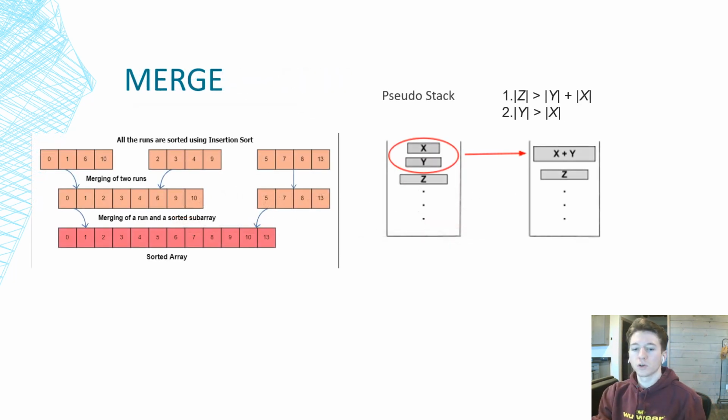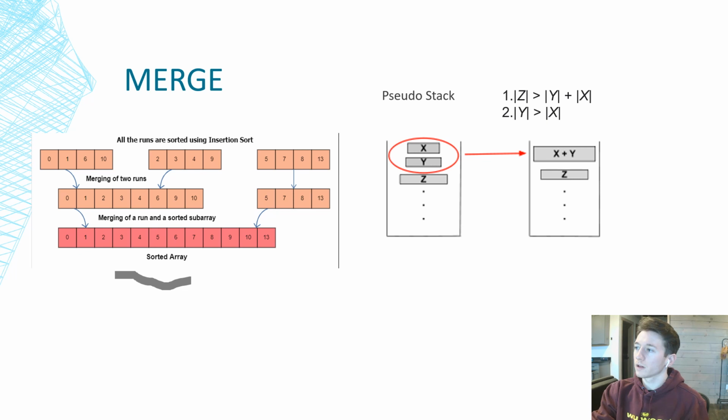After our runs are sorted with insertion sort, we pass them along to a merge functionality. Similar to the merge functionality in merge sort, we're going to be merging subarrays into our final sorted array. And this will complete our TimSort algorithm.